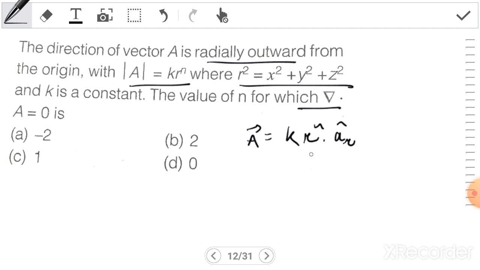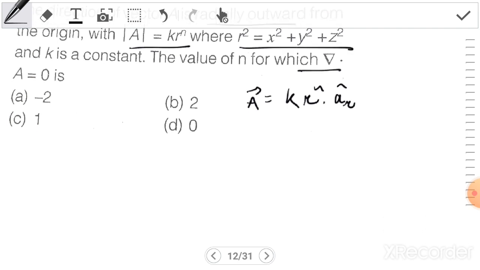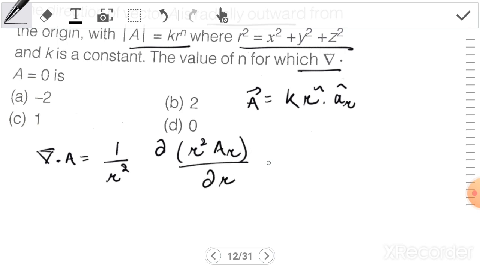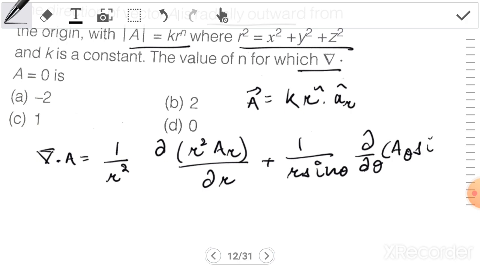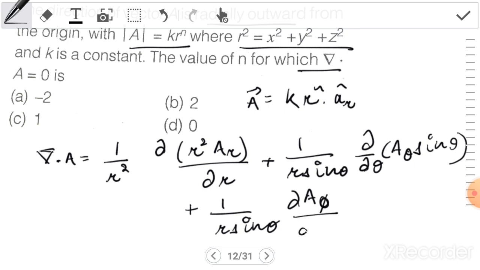Okay, so in spherical coordinates we know that divergence of a vector is given as 1 by r square del by del r of r square a_r, plus 1 by r sin theta del by del theta of a theta sin theta, plus 1 by r sin theta del a phi by del phi.